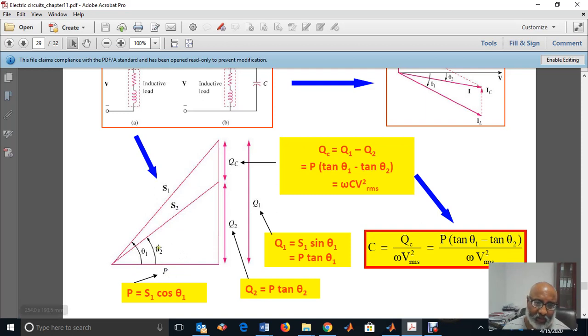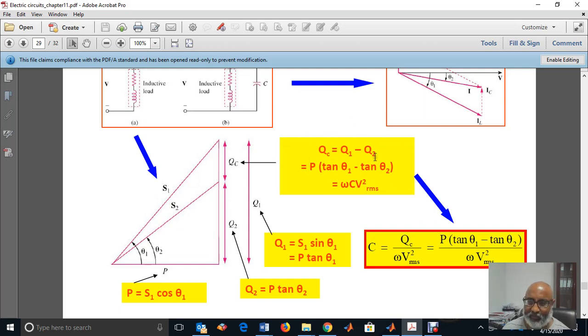It's clear that cos theta 2 is bigger than cos theta 1, because the angle is smaller, which means our power factor is improved. And P stays the same. Q2 is P times tan theta 2, Q1 is P times tan theta 1, so QC becomes Q1 minus Q2, P times (tan theta 1 minus tan theta 2).